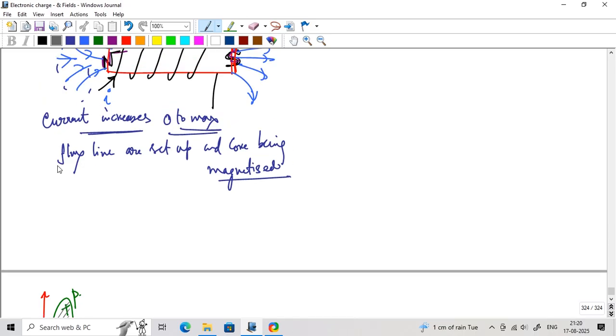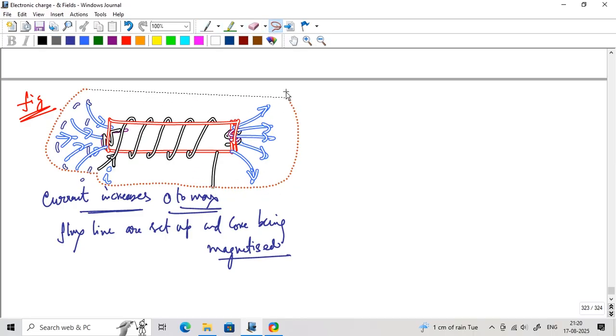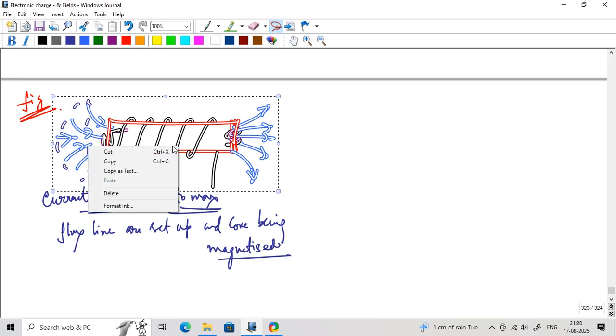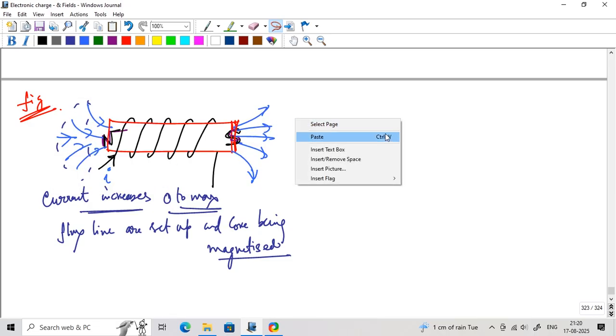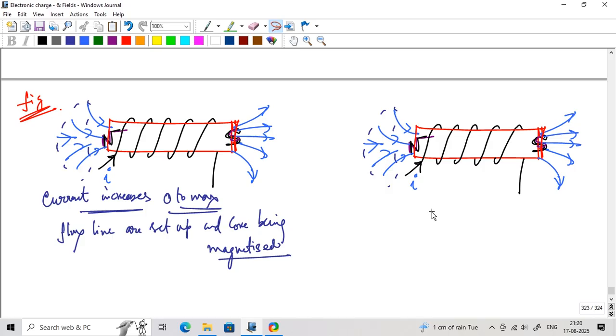Now, in the next diagram, in the same diagram obviously, copy the diagram. Same diagram, but here the current is positive but decreasing. Here the current is also positive but in decreasing order.